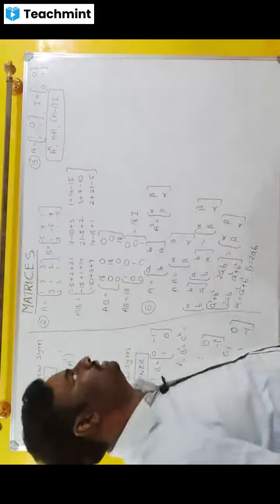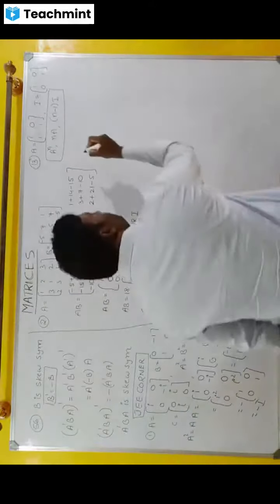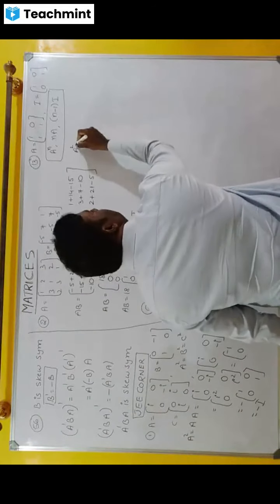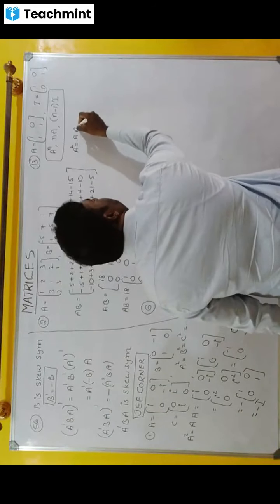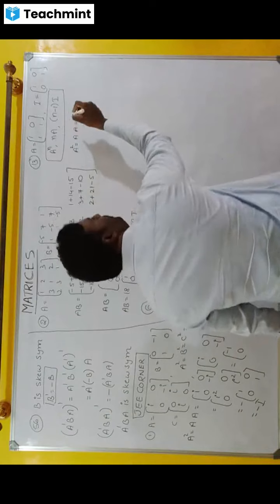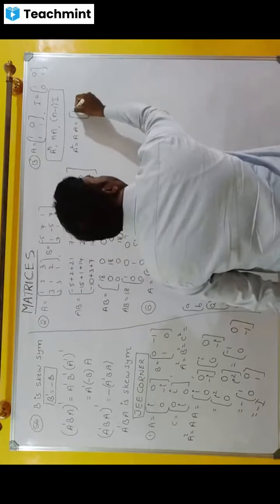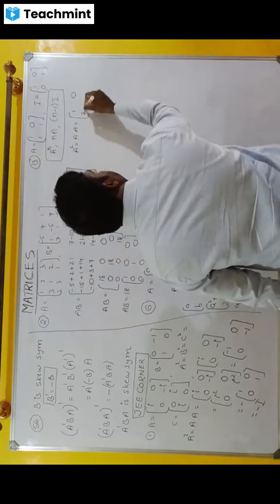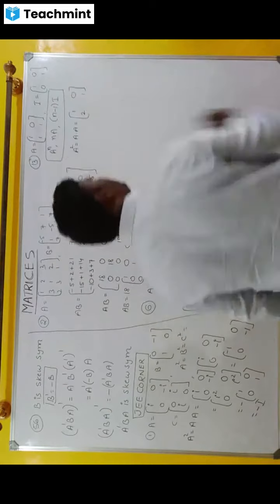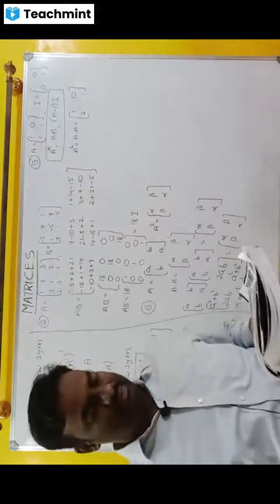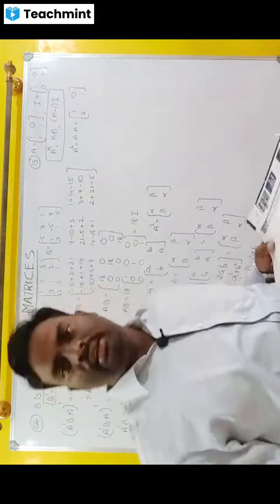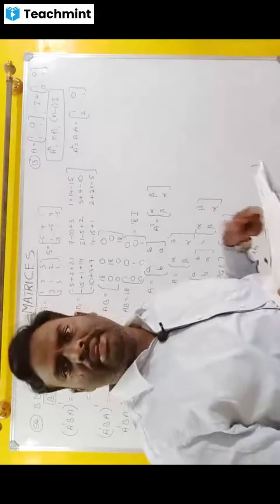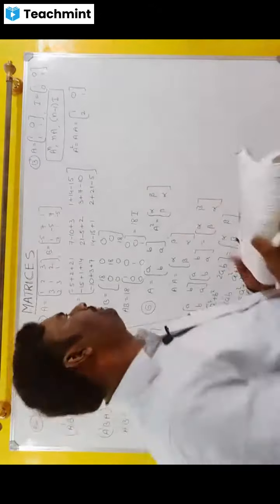First, A matrix we know, I am finding A square. A square is nothing but A into A. If you apply, what will you get? 1 0 2 1. I am doing this calculation directly. Or if you have any doubt, you can apply A into A, you will get the same answer.